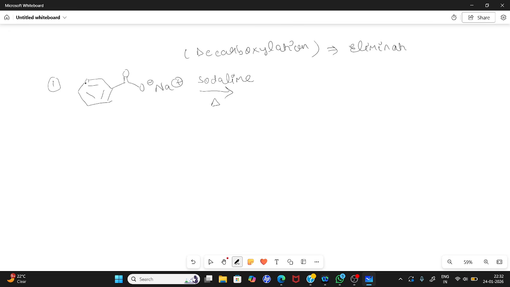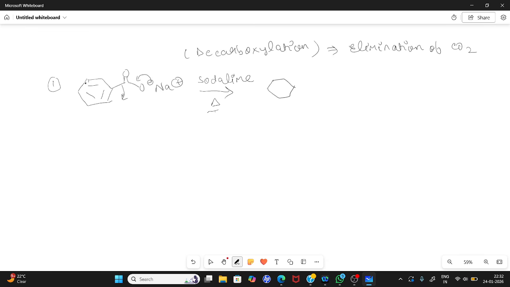That's why decarboxylation means the carboxylate unit gets removed. So there is elimination of CO2. So this soda lime in presence of heat mixture, it drives for the removal of this CO2 unit.